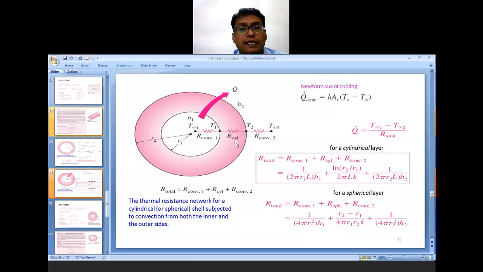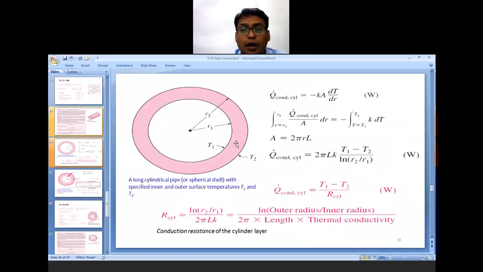We are considering this as the geometry of a cylinder, so we have to take into account our formula for conduction in the cylinder. Heat conduction for the cylinder is 2 pi km into T1 minus T2 upon ln of R2 upon R1.